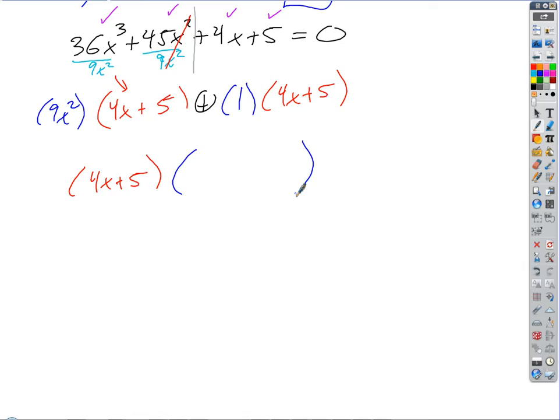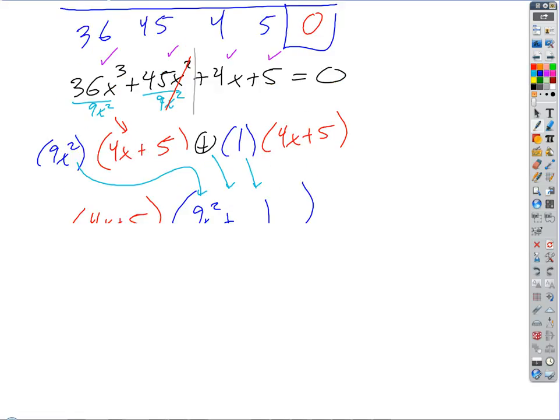I'm going to get a 9x squared from the first group, right? We're going to get our plus, and then we get our 1, right? So that's what's left.